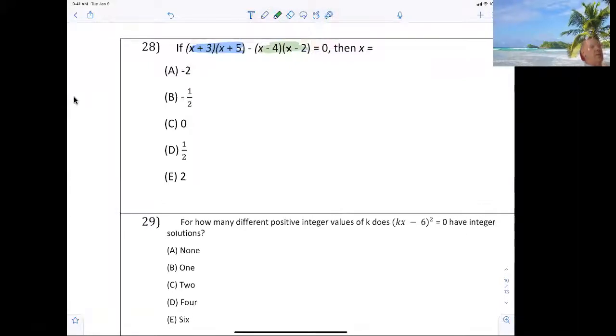Get on that. And again, we're going to work on doing the multiplication in your head. Come on, 30 more seconds. You multiply x plus 3 times x plus 5, then you multiply that, and then you have to distribute the negative.